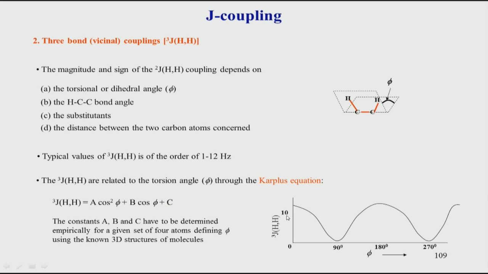So, there is always a degeneracy, which is shown here. For example, if you take this particular J value, say 6-7 hertz, you see it has 2 or 4 possible solutions. Of course, they are related by 180 degree rotation, but you can see there are two possible values which will satisfy this J coupling.